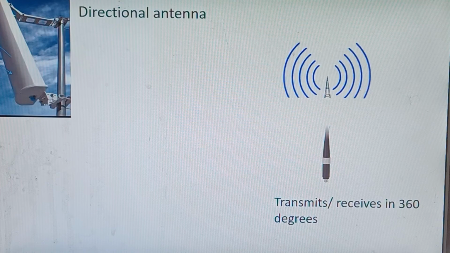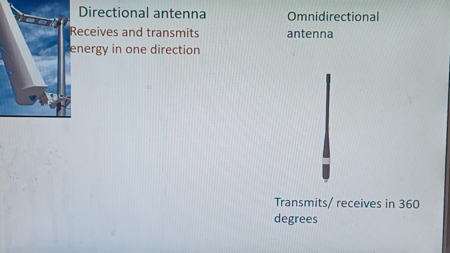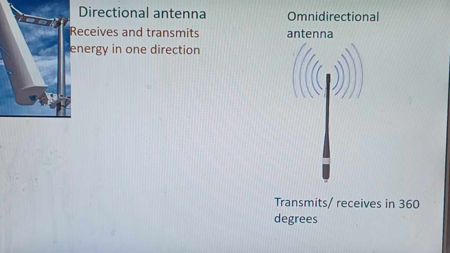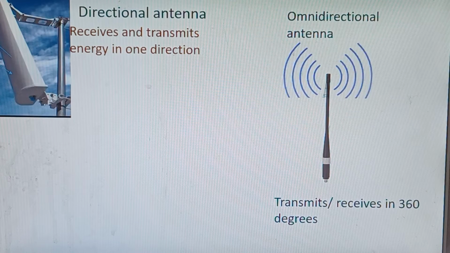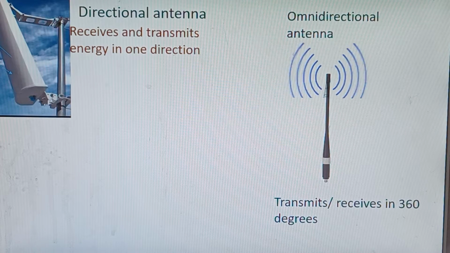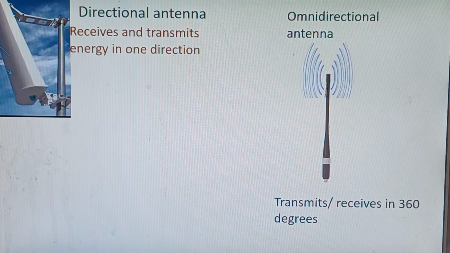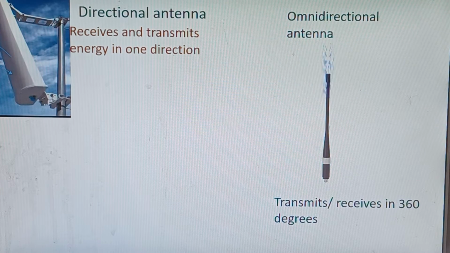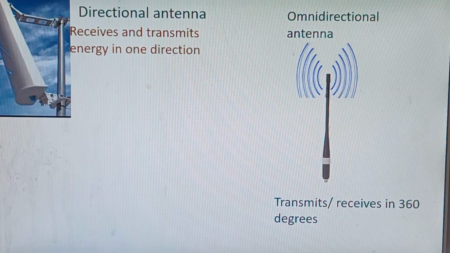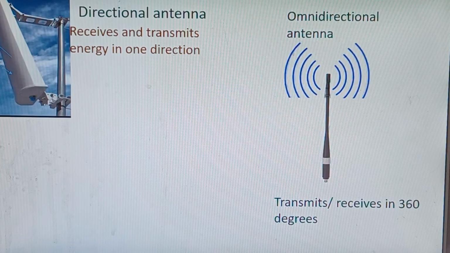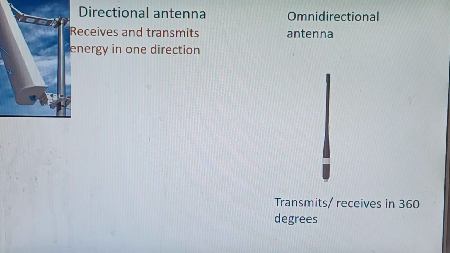So there is a directional and an omnidirectional. The basic idea is directional points all or most of its energy in one direction. And an omnidirectional, signified by the spinning, is an antenna that transmits similar to the pebble in the water picture that I put up on Facebook last week.